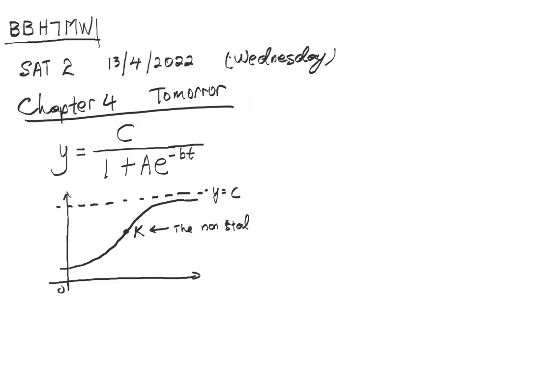This point K is called the non-stationary inflection point of, okay, I call this f(t), of y equal to f(t).